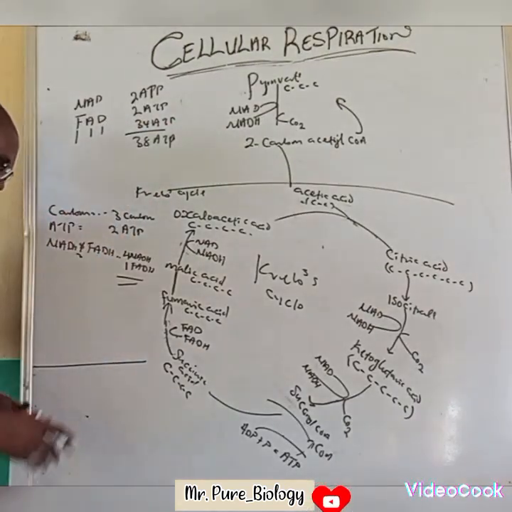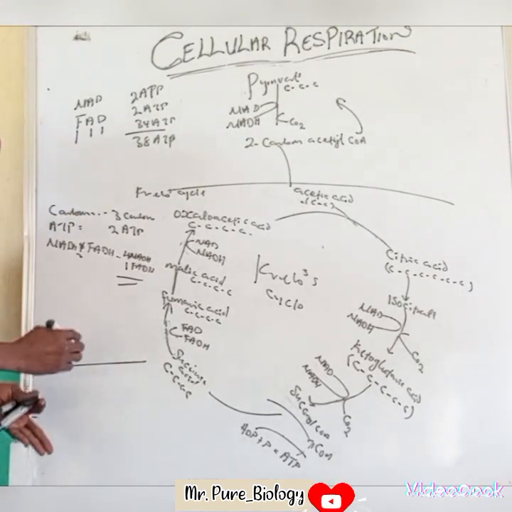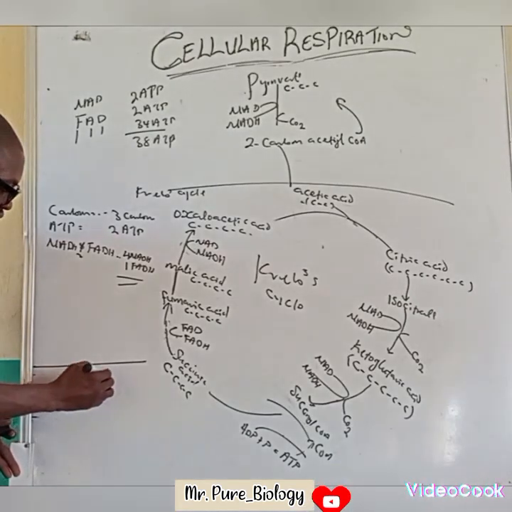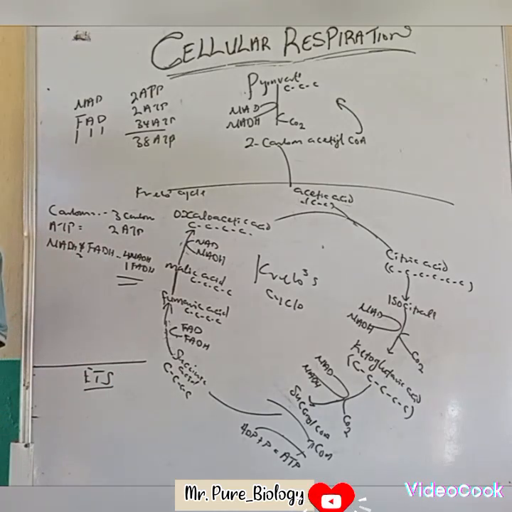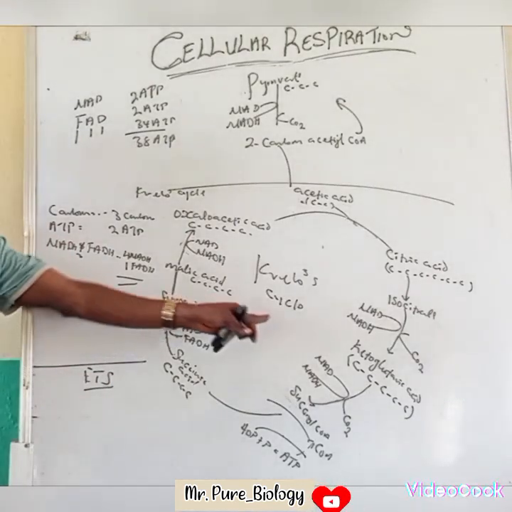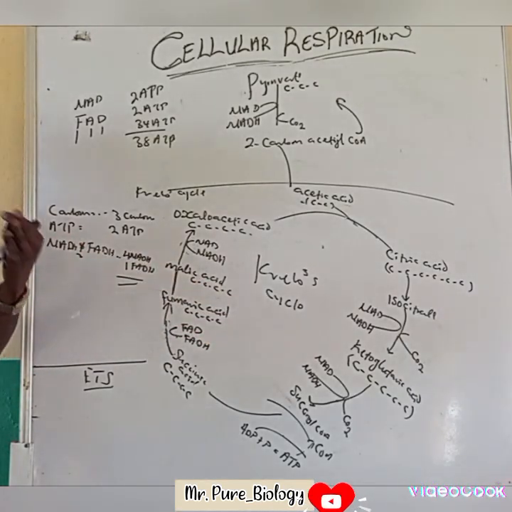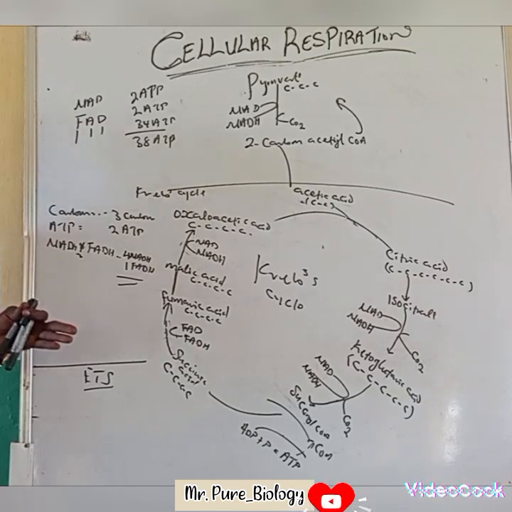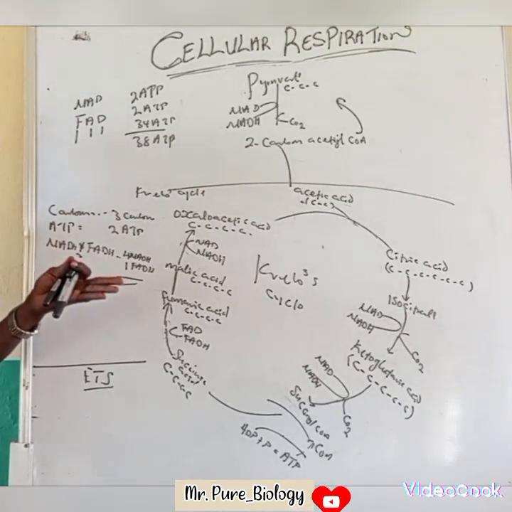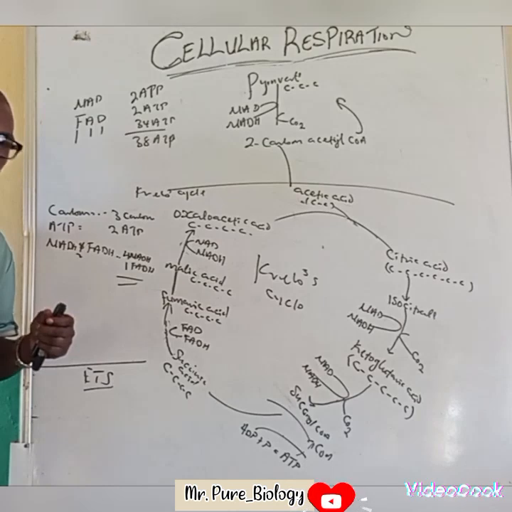Now, before we finalize on the ATP, the electron transport system, the ETS we're talking about, is one that aims at transferring electrons from one hydrogen carrier to another until ultimately they are accepted by oxygen to form water.